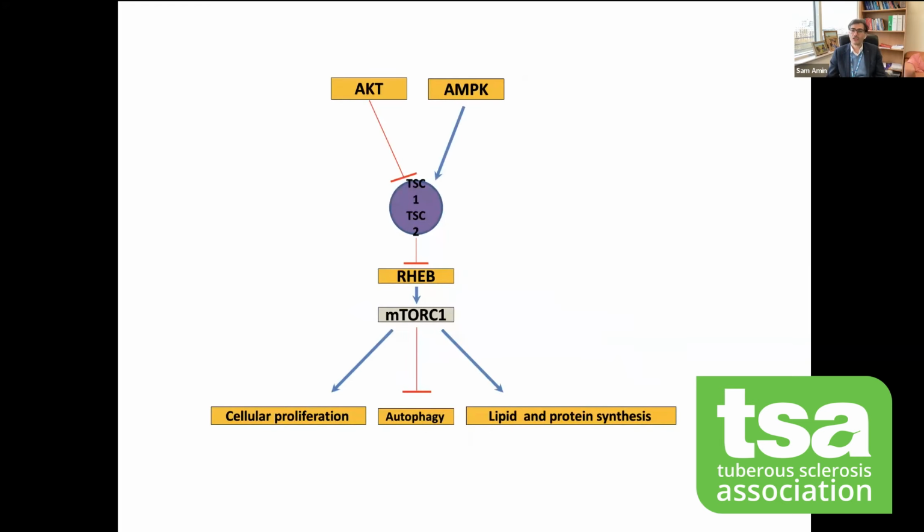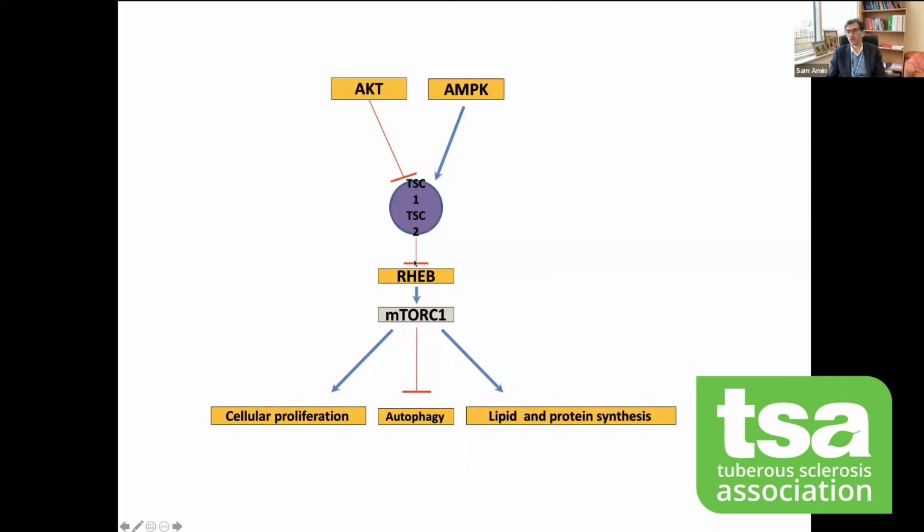But if you want to see the actual cellular pathway, you have the genes there, TSC1 or TSC2, and they normally suppress this pathway. So this is your switch, they suppress it. If they suppress it, then there are no issues here. But when they can't suppress this pathway, you get a lot of problems. That's why you get a lot of lumps and bumps, because these cells divide constantly.